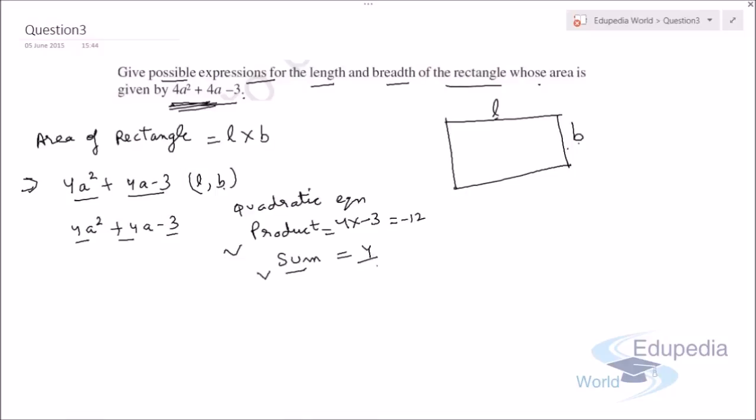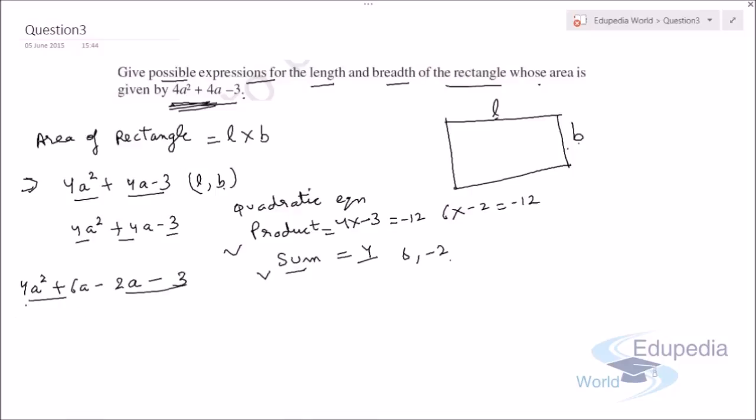So if we split the sum as 6 and minus 2, the sum will be 4 and the product will be minus 12. So we can write 4a square plus 6a minus 2a minus 3. Then we can make the pairs.